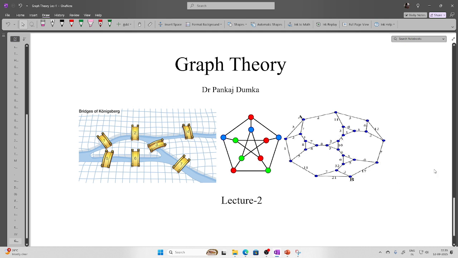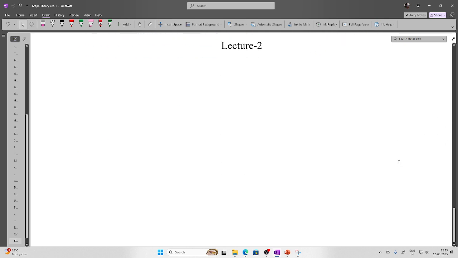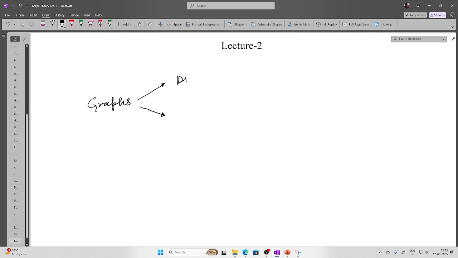So, without any further delay, let us start. So, the main classification of graphs is this. That is, the first one is called as directed graph, and the second one is called as undirected graph.